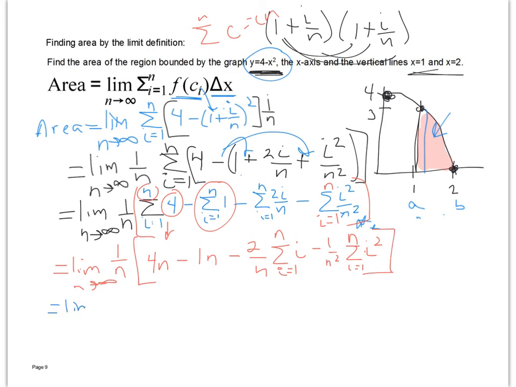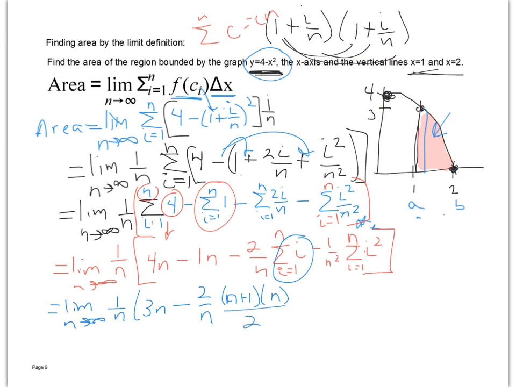Now we're down to pure algebra. Limit as n goes to infinity, 1 over n. Okay, algebra plus limits. That is 3n. I'm going to combine that, minus 2 divided by n, and then this guy has a formula. That's Einstein's formula, so it's n plus 1 times n divided by 2. I put them in reverse order.